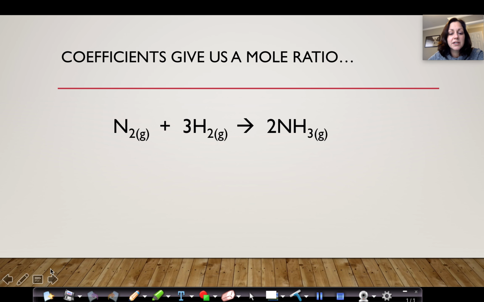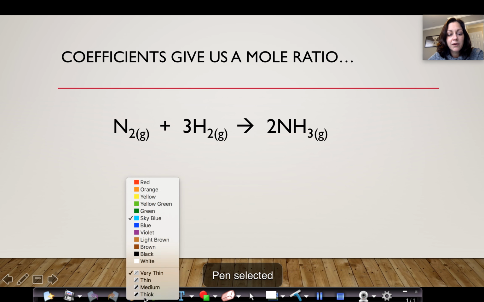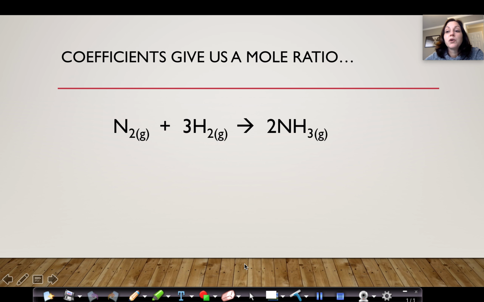So the first thing that we need to know, when we're talking about our multi-mole questions, is that anytime you have a balanced equation, the coefficients are going to give us a mole ratio. The absence of a coefficient just means that there should be a 1 there. So that means that nitrogen reacts with hydrogen in a 1 mole to 3 mole ratio.